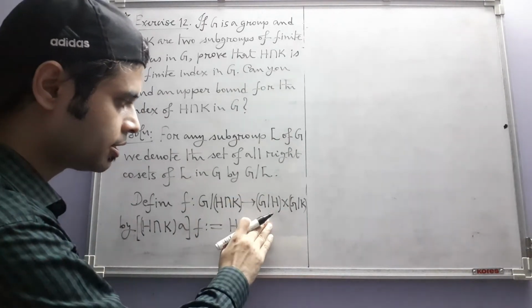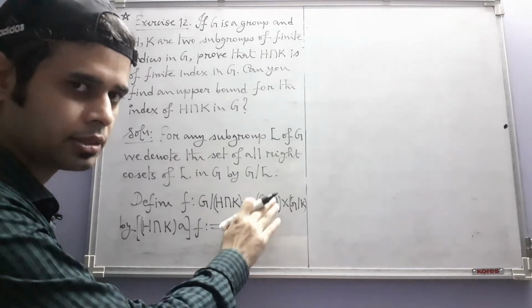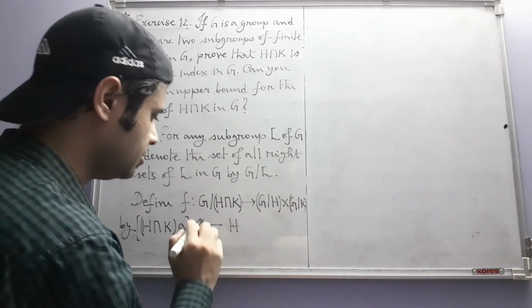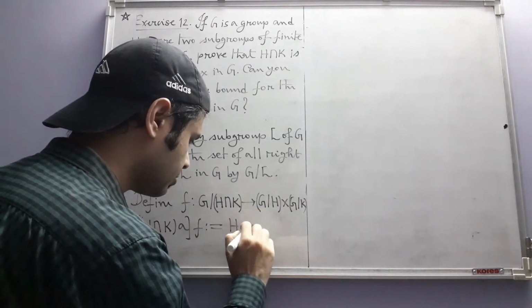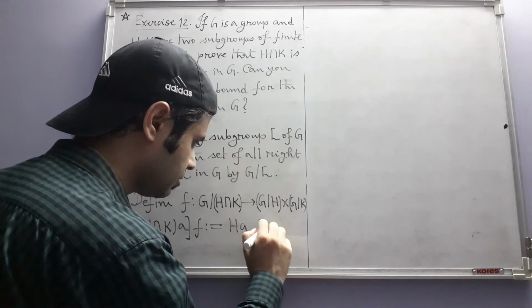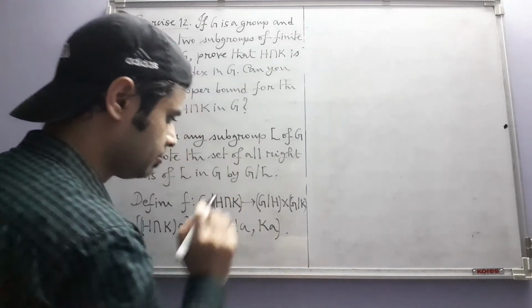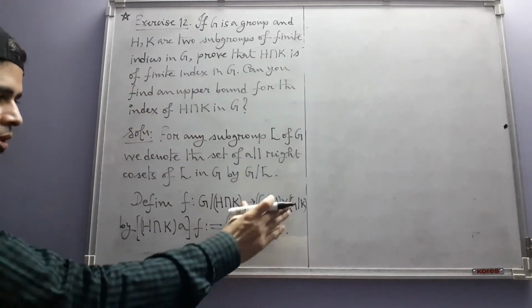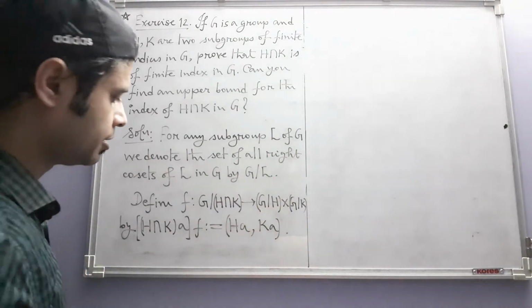The first coordinate should be a right coset of H in G, and the second one should be a right coset of K in G. Precisely these right cosets, HA and KA.